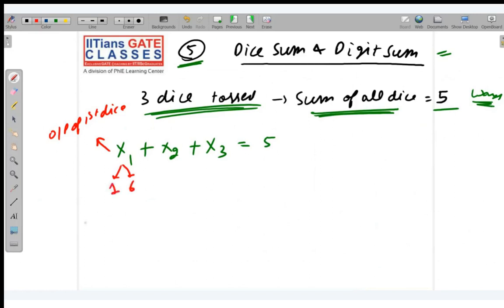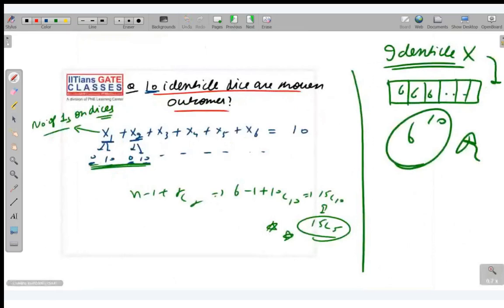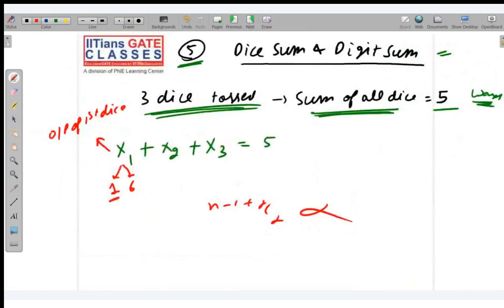Now can I apply this formula, n minus 1 plus r C r? No. Why? I told you 0 to 10 earlier, so there should be no constraint. Here I have a lower constraint, that minimum it should be 1. If minimum was 0, only then I can apply this formula n minus 1 plus r C r. So here I cannot apply it.